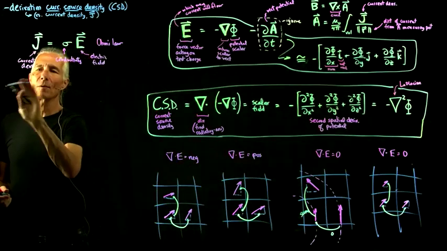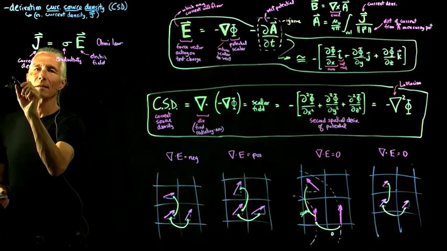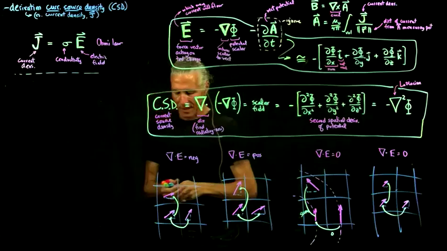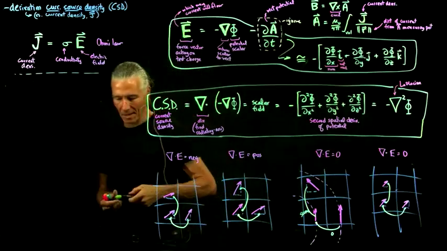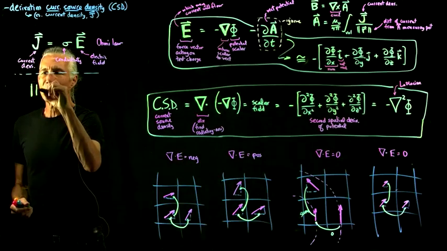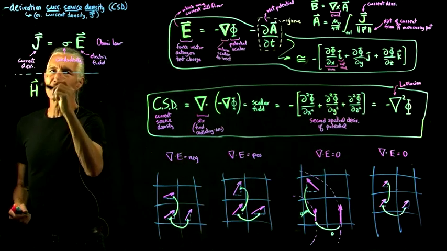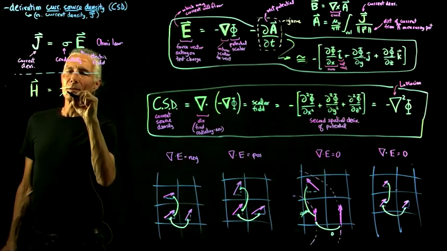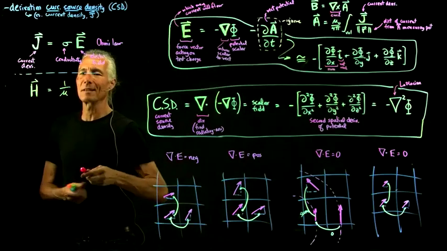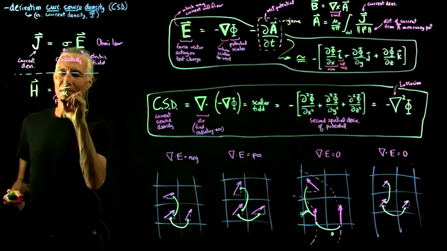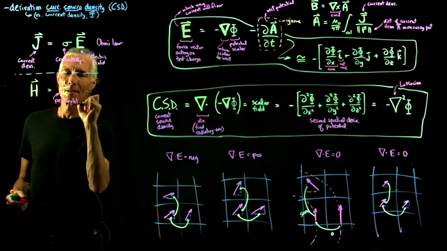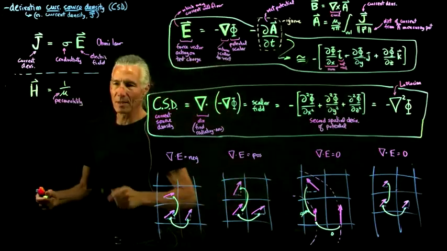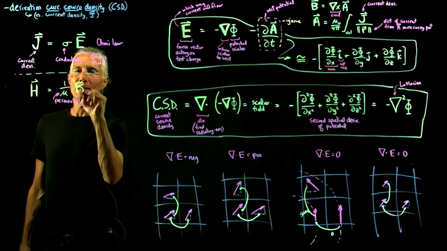And then there's two other ones that we should mention, and these have to do with the magnetic and the electric field. You might often see the magnetic field written as H. H is a similar kind of thing. It's equal to 1 over some constant, and this constant is called the permeability. It reflects how the magnetic fields can go into a particular substance.